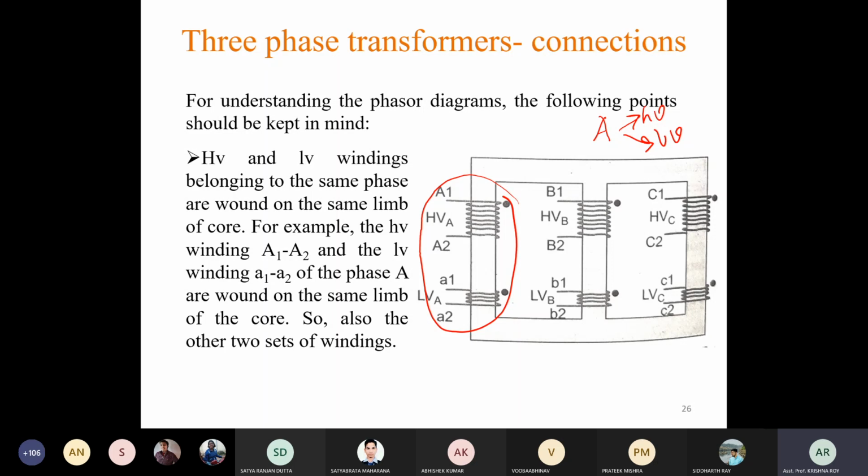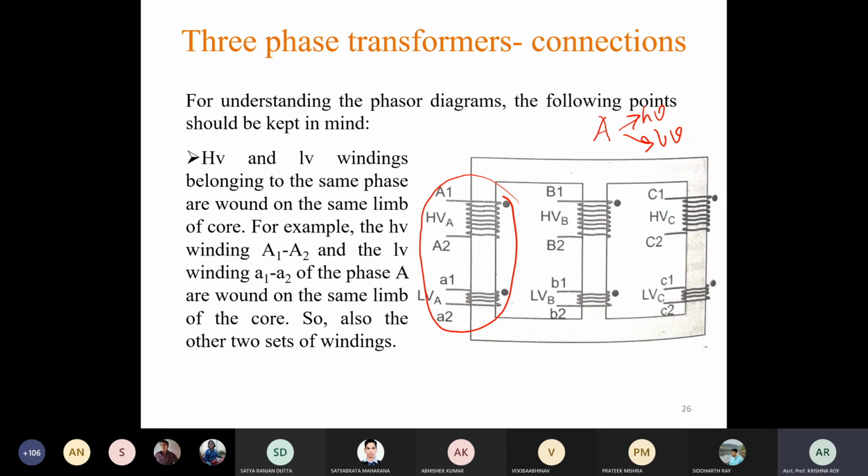That is from the constructional point of view, but here the point is that you have to place the same phase windings on the same limb. If the high voltage winding and low voltage winding are on different legs, then there will be some phase angle difference. That is not permissible.